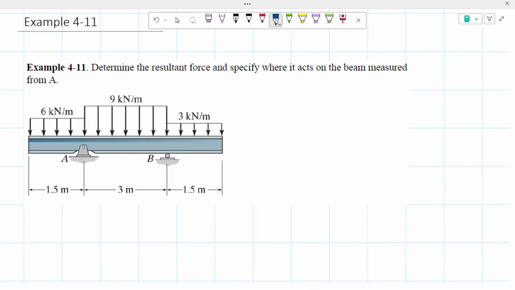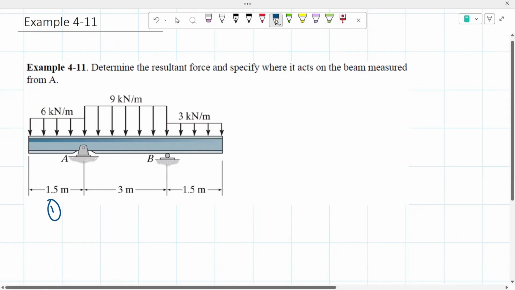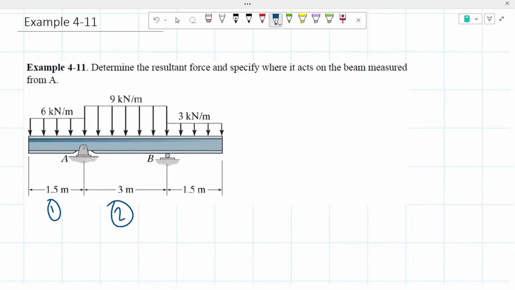So this is going to be section 1 right here, this 1.5 meters. This is going to be section 2, the 3 meters, and this is going to be section 3, the 1.5 meters.